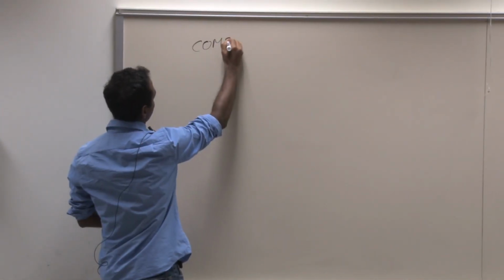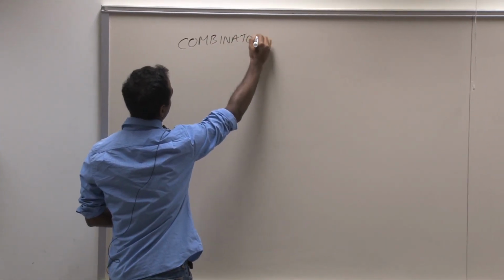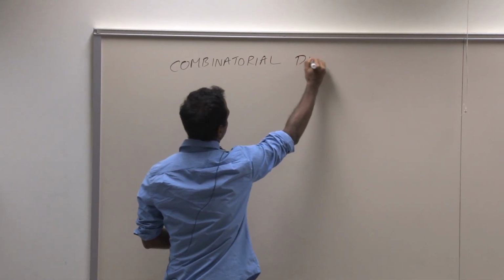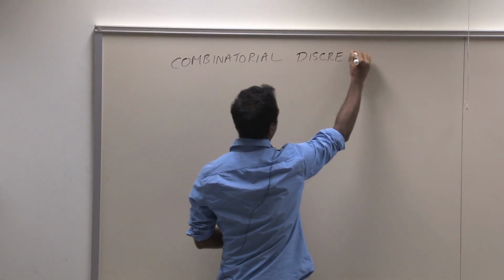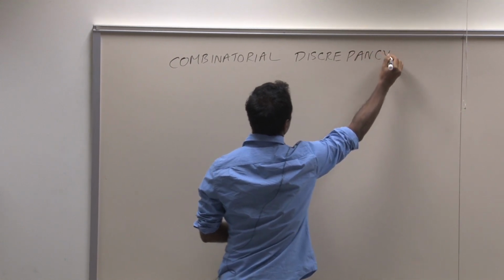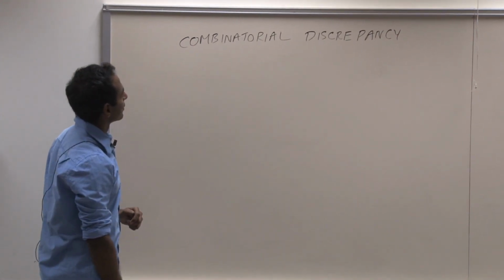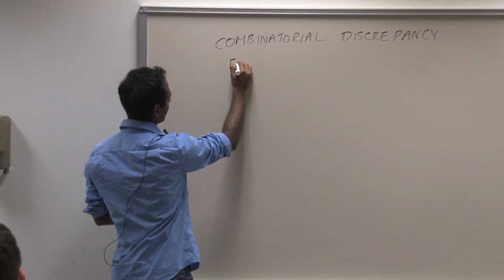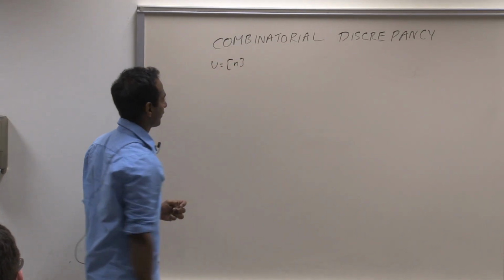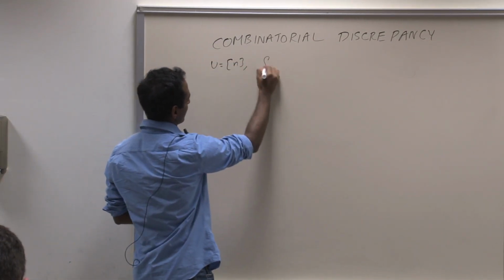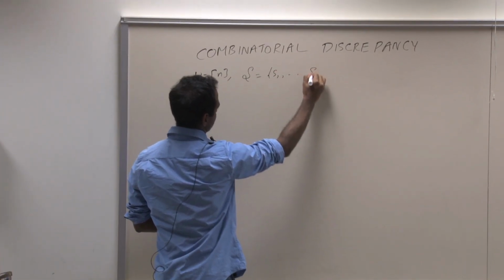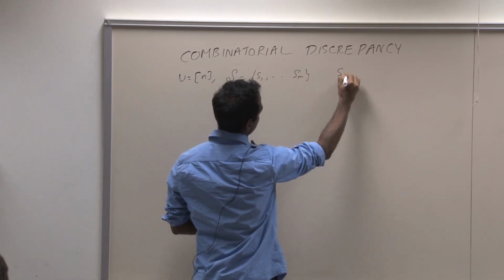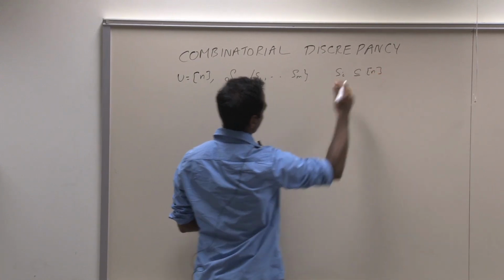So let me start by talking about combinatorial discrepancy. What is it? The main object of study here are set systems. You have a universe, usually denoted as the set of n elements, and you have a collection of sets, S1 up till Sm, where each Si is a subset of the universe.